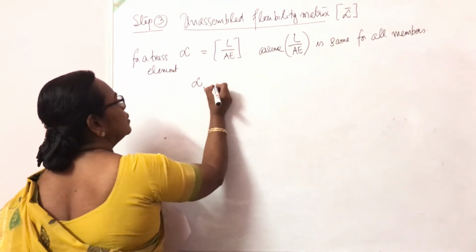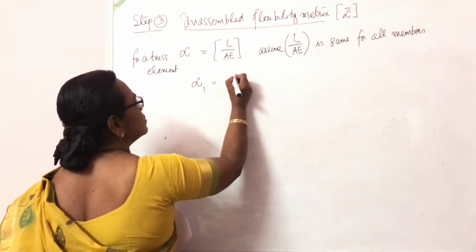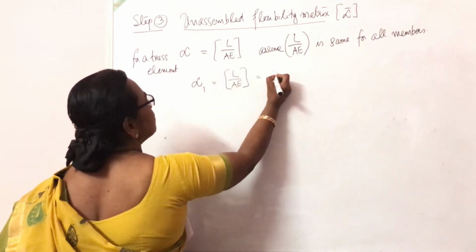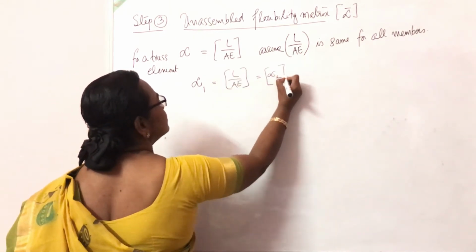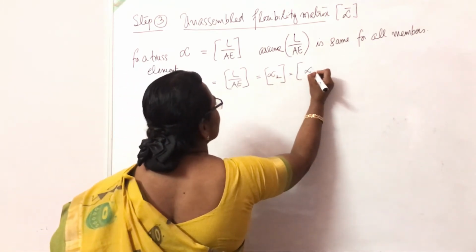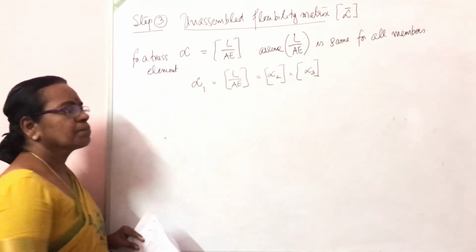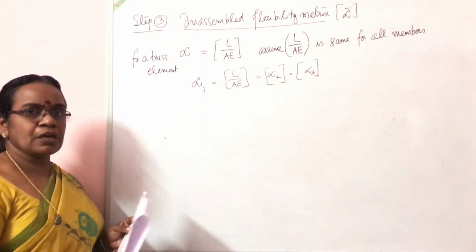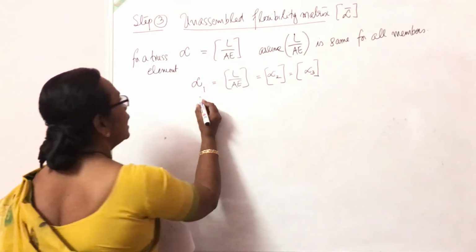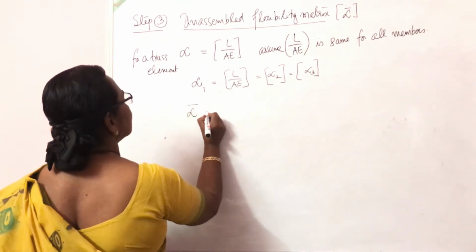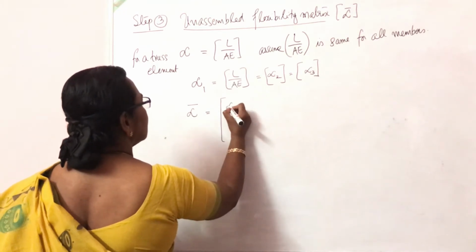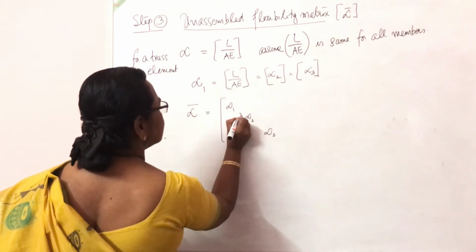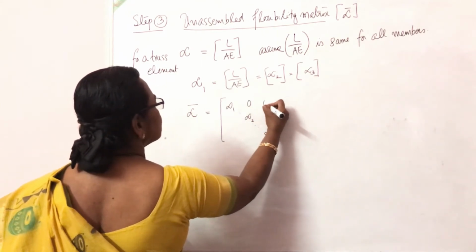So alpha 1, the element flexibility matrix for the first element, is L by AE. That's the same for the second element, and it's the same for the third element also. I'm not considering L and A separately. I'm assuming it is the same for all the members. So the unassembled flexibility matrix alpha bar is, you arrange the flexibility matrix for the first element, second element and third element in a diagonal manner, and the other elements will be 0.